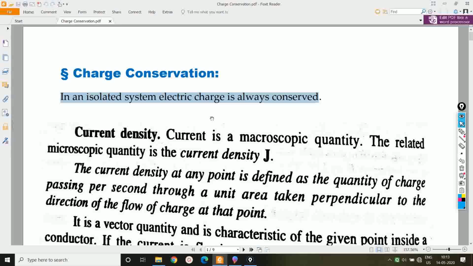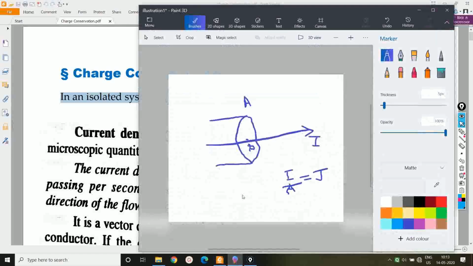Related with charge conservation, we have the equation of continuity. Before we move to the equation of continuity, we need to study a little about some definitions, and these definitions include the concept of current density. To understand current density, let us go to this figure.